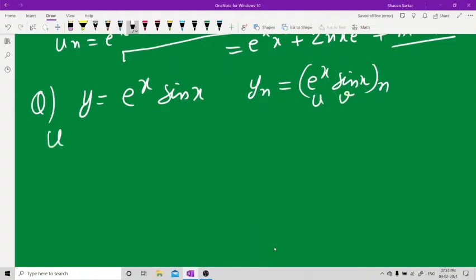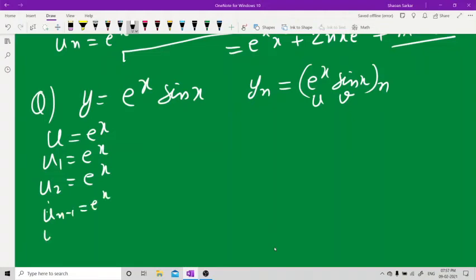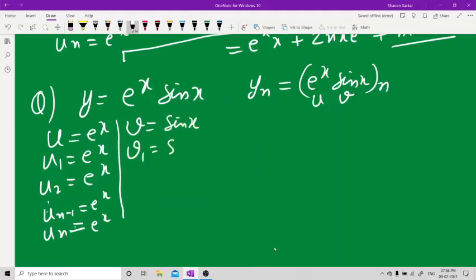So u is e to the power of x, u1 is e to the power of x, u2 is e to the power of x, un minus 1 is e to the power of x, and un is e to the power of x. Similarly, I have done this for v. v is sine x, v1 is cos x. I have already done this problem in the earlier video. This is cos x and this is sine of pi by 2 plus x.